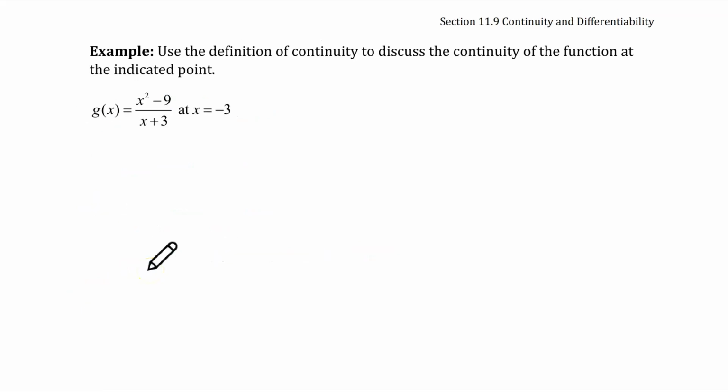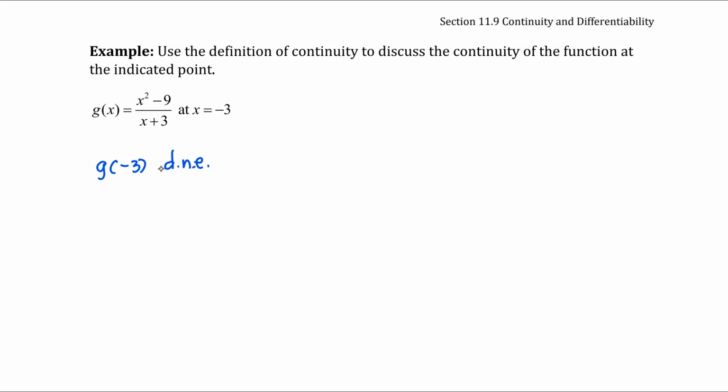Next, let's use the definition of continuity to discuss the continuity of the function g of x equal to x squared minus 9 over x plus 3 at x equals negative 3. Now, by inspection, if you plug in x equals negative 3 to the denominator of g of x, we see that the denominator is 0 at x equals negative 3. So in that case, we can conclude that g at negative 3 does not exist.